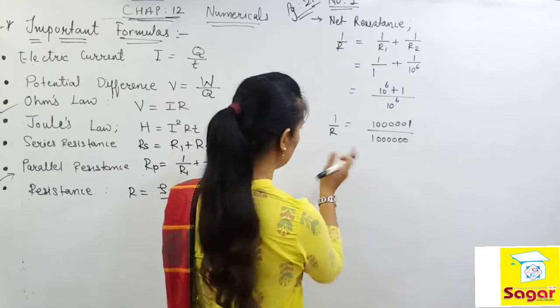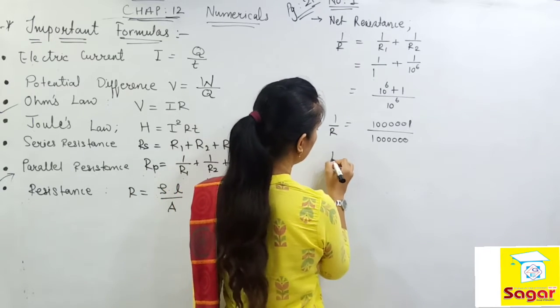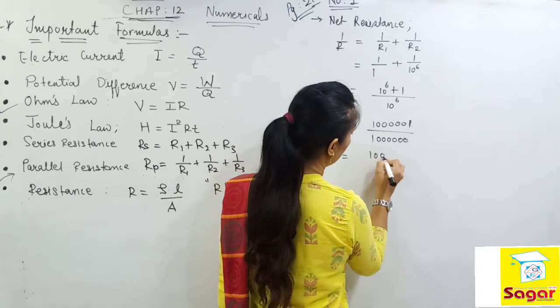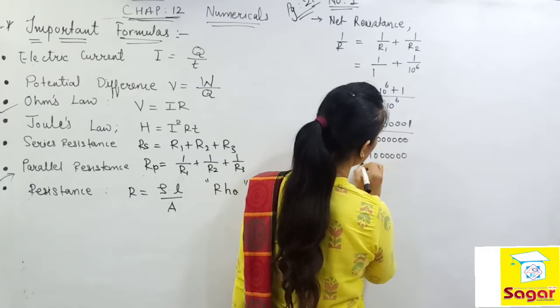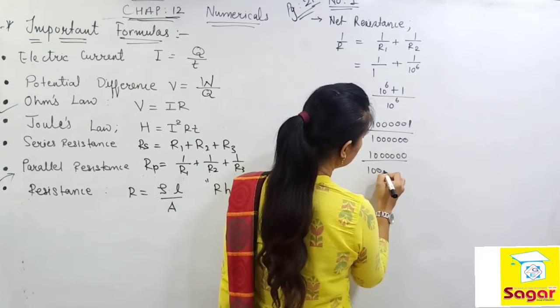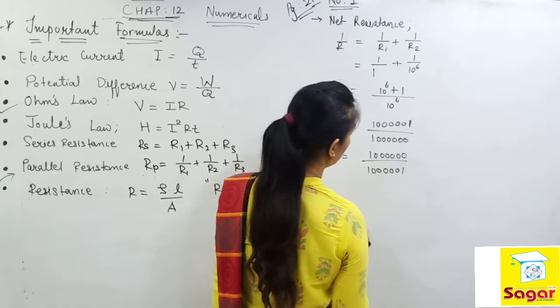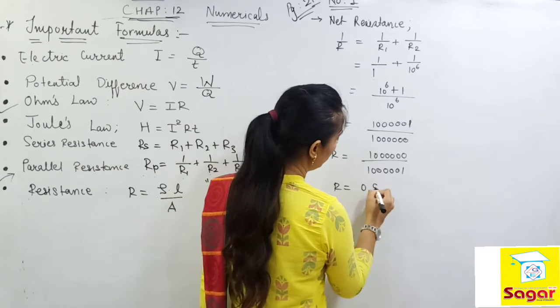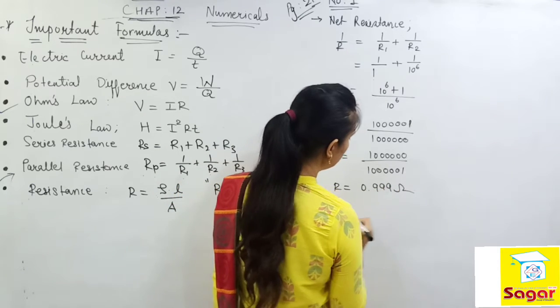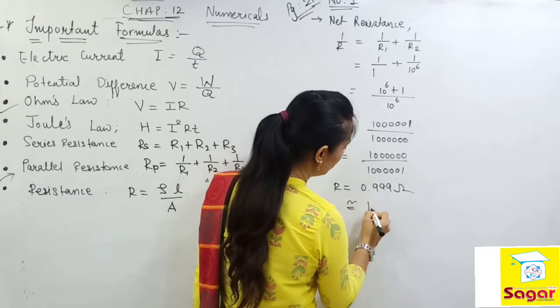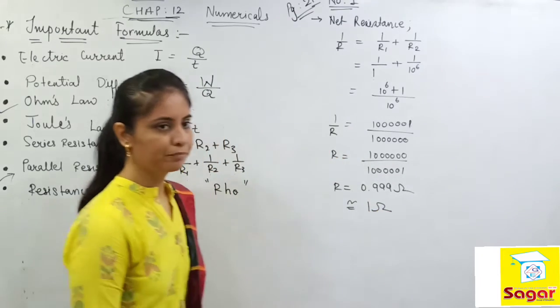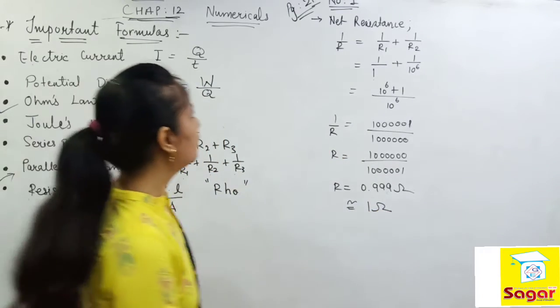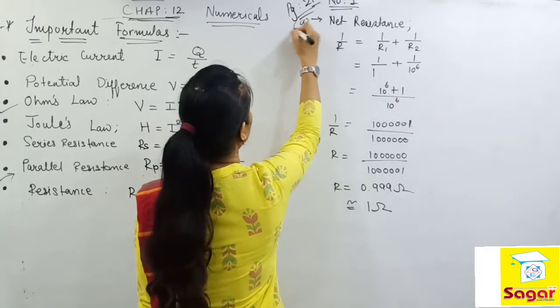If you reciprocate it, you will have R equal to 1000000 divided by 1000001. If you do the division of these numbers, your value will be 0.999 ohm. So that is equivalent to 1 ohm. Okay, so this is part A.